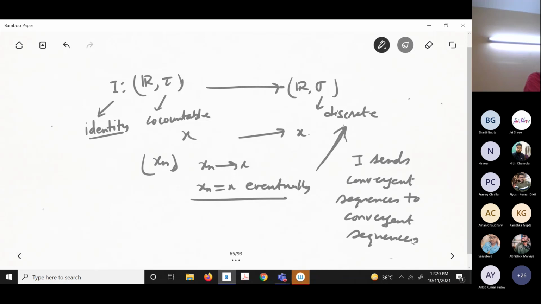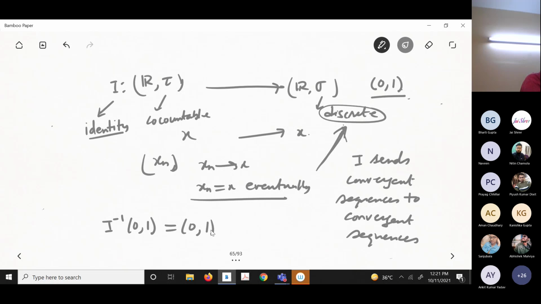Now look, why is this not continuous? Here it is the discrete topology, so every subset is open. So in particular, this is open. So I inverse of {0, 1}, I is the identity map, this is {0, 1}. Look, by the equivalent condition B, the inverse image of an open set is open.